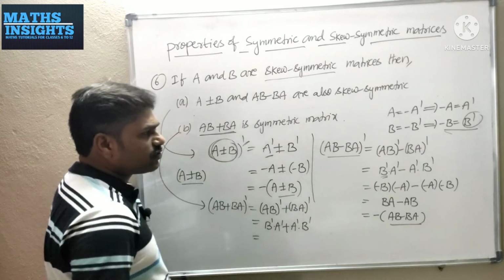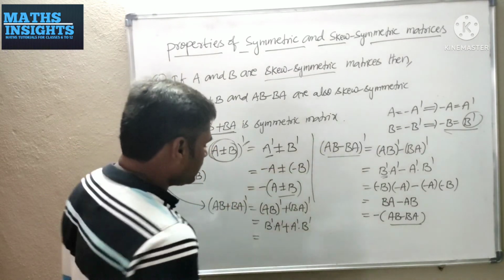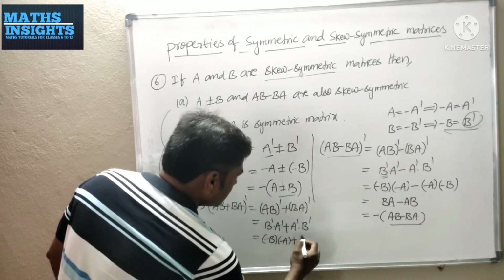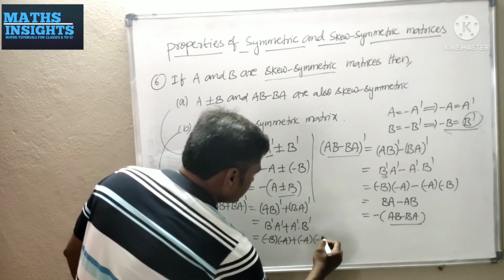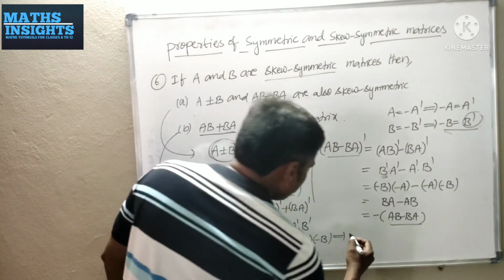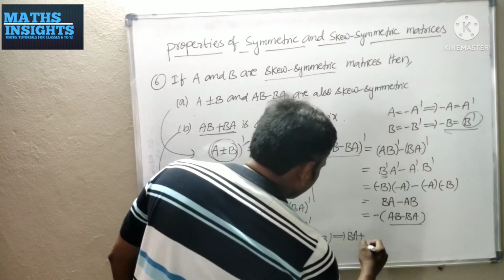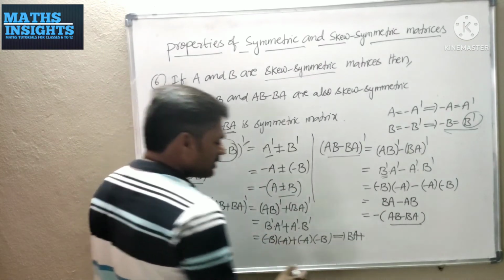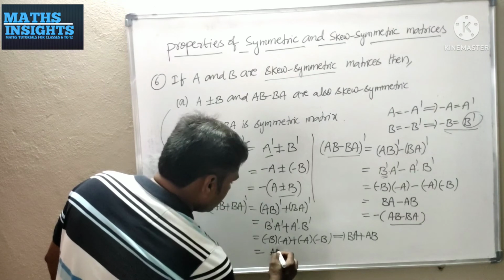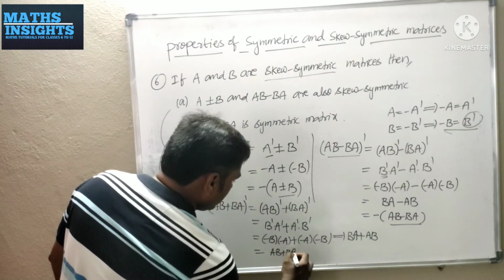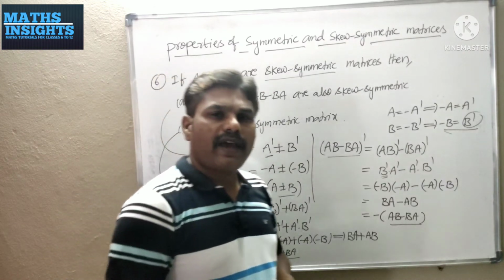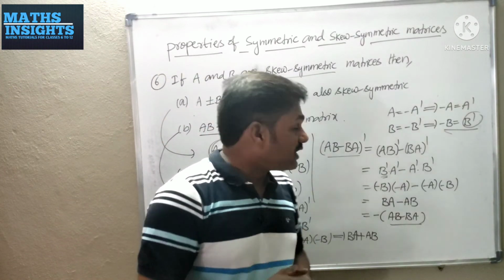But for B' you can write minus B, minus A plus minus A into minus B. So minus into minus will become plus, therefore it is BA plus, again minus into minus plus, therefore AB. This can be written as AB plus BA. Whatever matrix you have taken, you are getting the same matrix back. So it is a symmetric matrix.